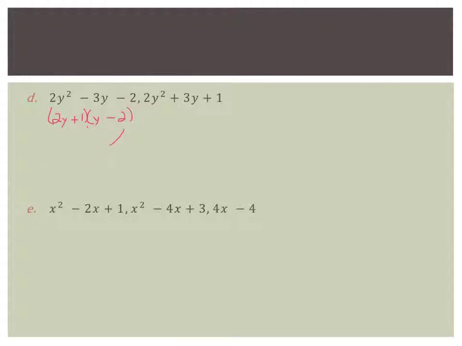Okay, so I have 2y plus 1 times y minus 2. And then for the second set, 2y times y, 1 times 1. So it's going to give me 2 plus 1 is 3.